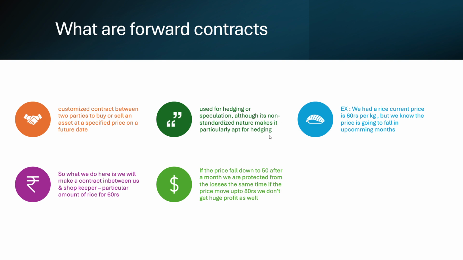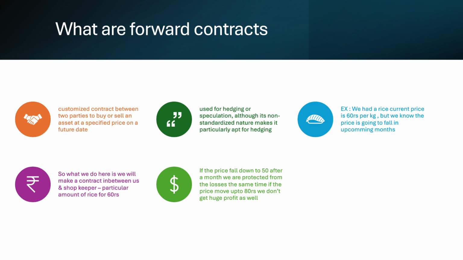If you did not watch the previous video, please refer to it so that it gives you clarity and makes sense. So what we do here is make a contract between us and a shopkeeper for a particular amount. Let's go with an example. Say the current price of rice is 60 rupees per kg.